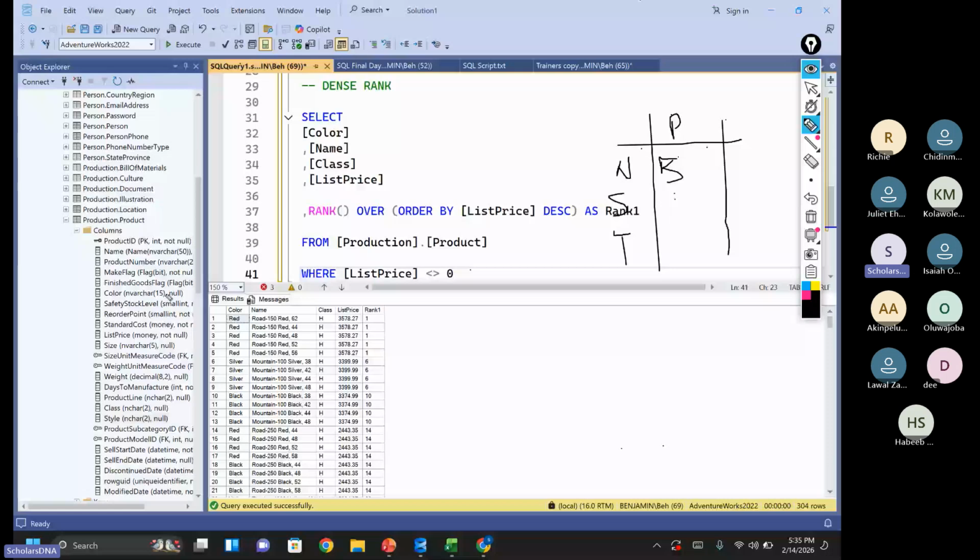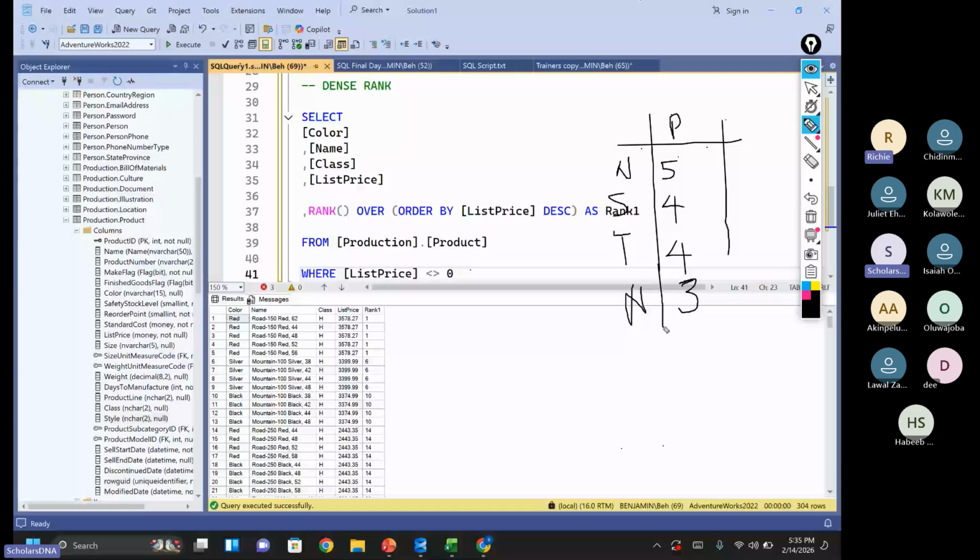So let's imagine we have a price here, and we have 5, 4, 4. Let's say we have another number here, 3.